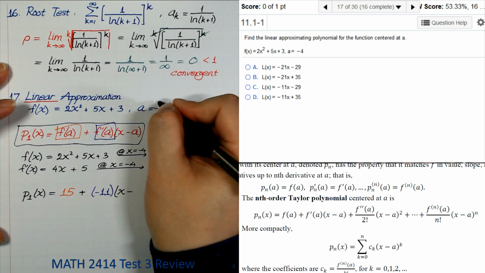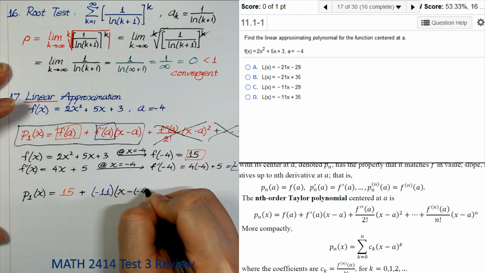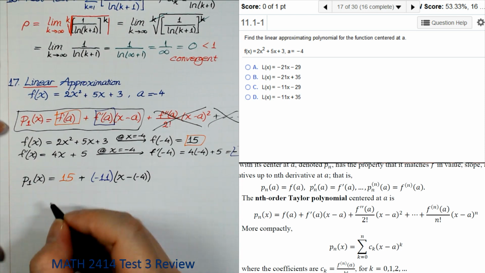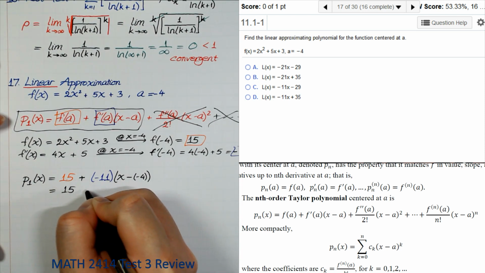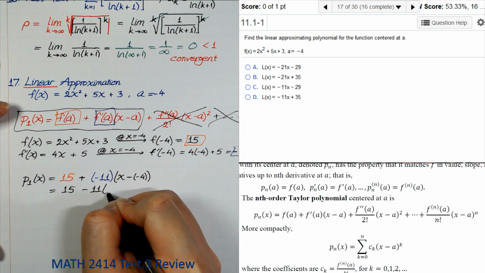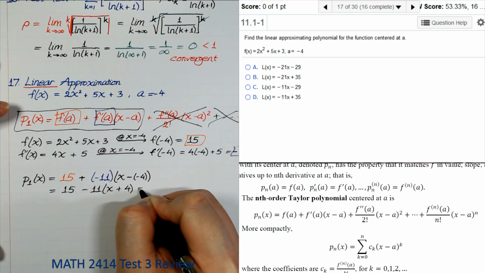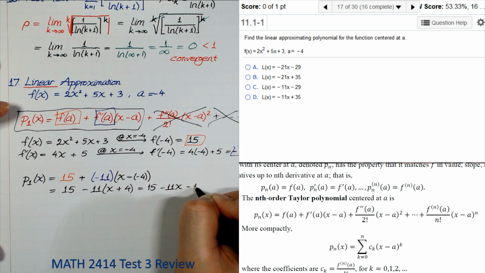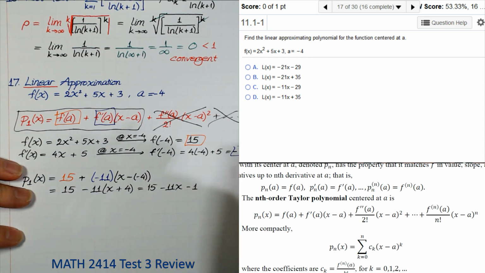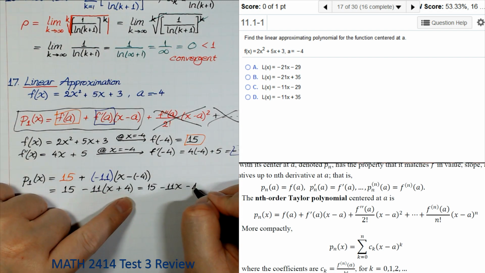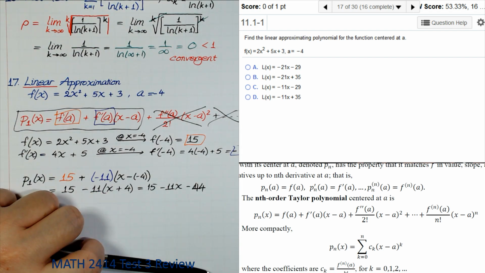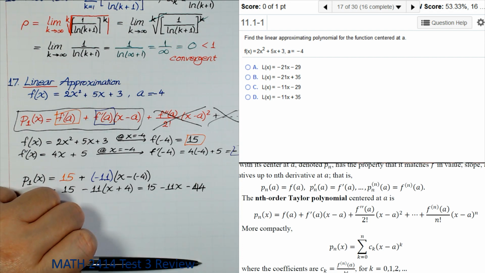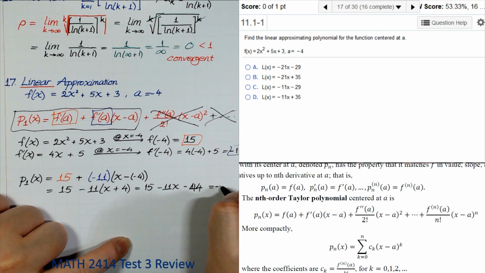Then x minus a, so we have 15 minus 11 times (x plus 4), so 15 minus 11x minus 11 times 4, minus 44. 15 minus 44 is minus 29, so negative 11x minus 29.